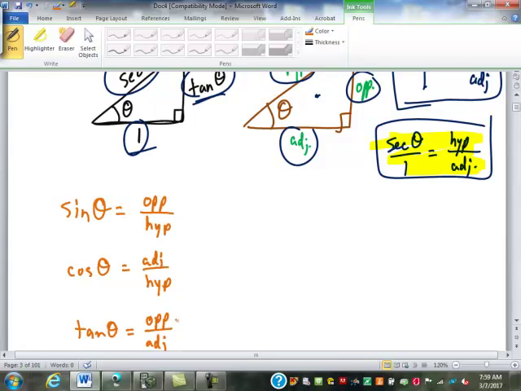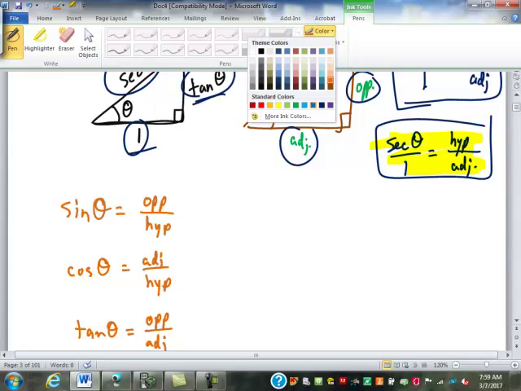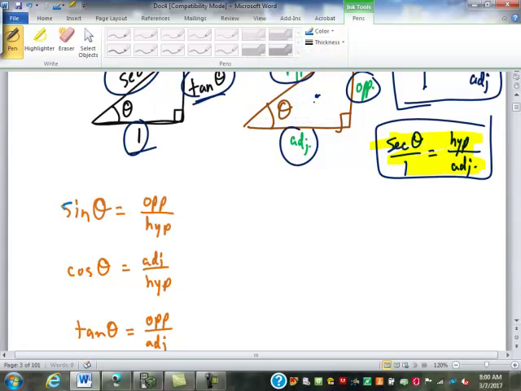Many of you use the mnemonic SOHCAHTOA, that's where it comes from. Sine is opposite over hypotenuse. Cosine is adjacent over hypotenuse. Tangent is opposite over adjacent.